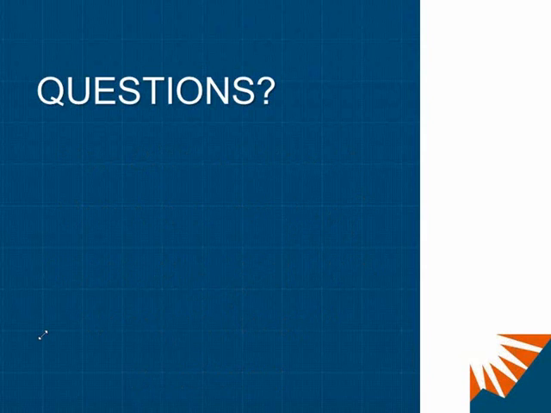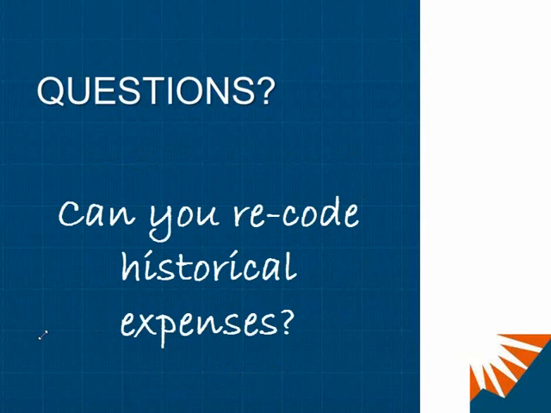There's a question out there saying, can you use these tools to recode historical expenses by, say, vendor versus their previous coding? Historical expenses by vendor, the Changer product will allow you to change vendor codes.